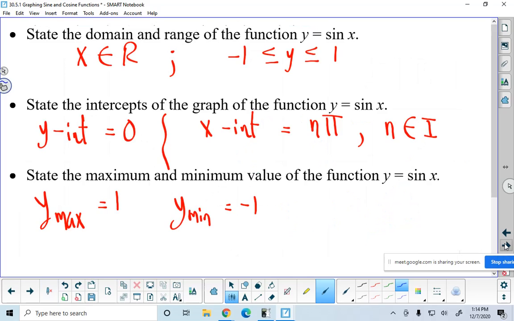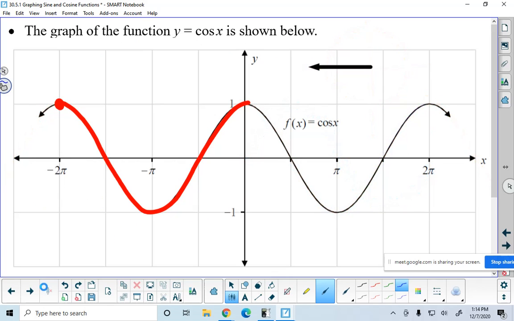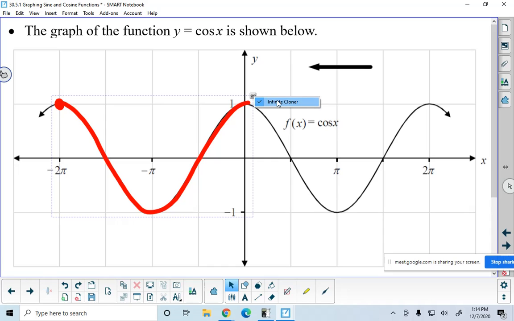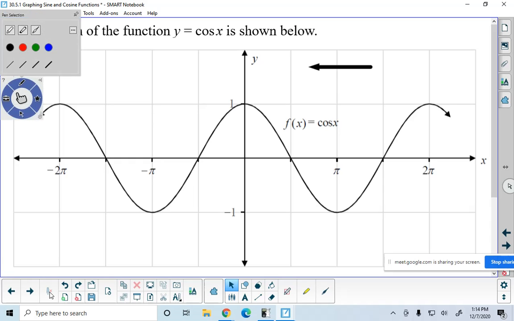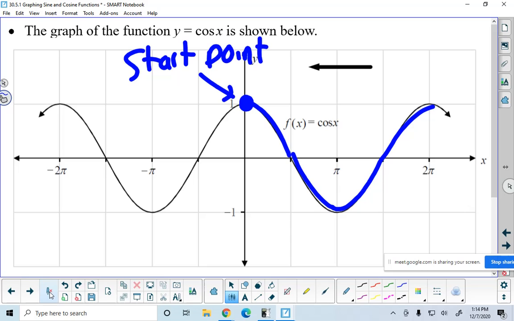With cosine of x, when we draw it, it's going to be to our advantage to typically start drawing it when x is 0. But when x is 0, we're at the y-intercept, so this is where we start drawing it, and it goes down, down, up, up. This is called the start point. This concept of a start point is going to be helpful for you later. And the start point is the y-intercept.